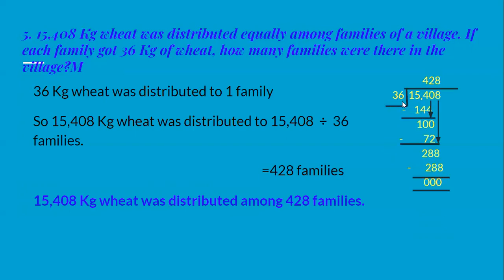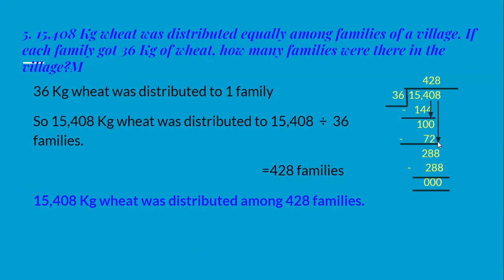When we divide it by 36, because one family is getting 36 kilogram of wheat: 36 fours are 144. After subtraction, we get 10. 1 is carried down, it becomes 100. 36 twos are 72. 100 minus 72 equals 28.